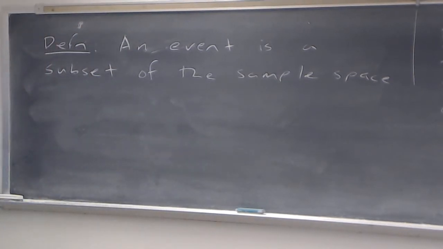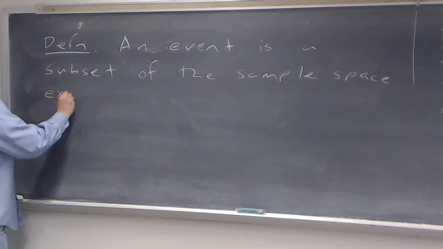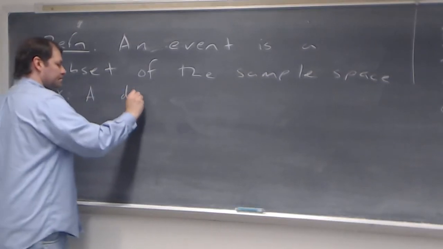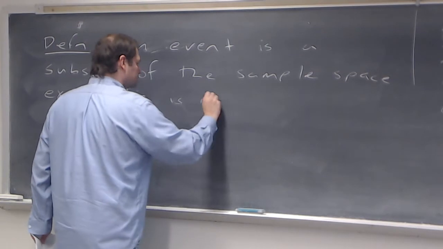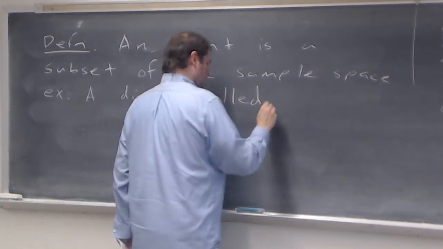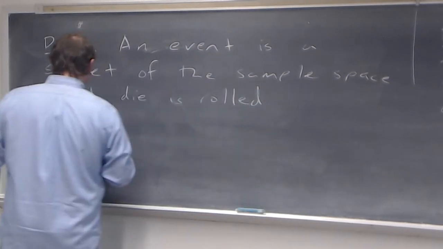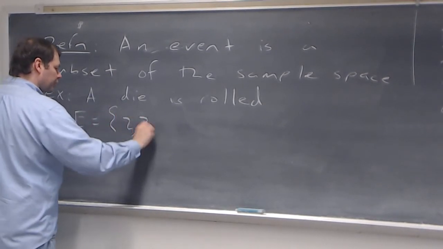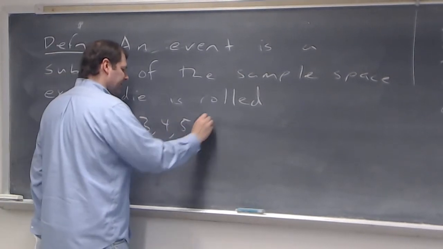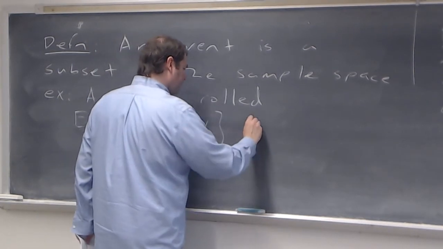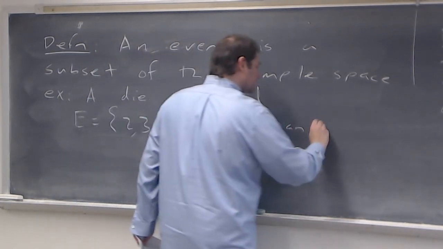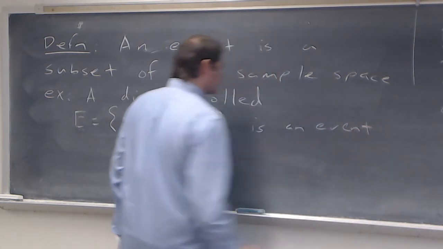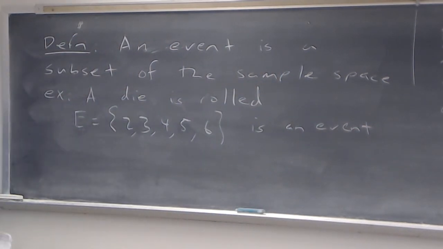So any subset of the sample space is an event. And so as an example, if we say a die is rolled, then the set E equal to {2, 3, 4, 5, 6} is an event, as this is a subset of the sample space.